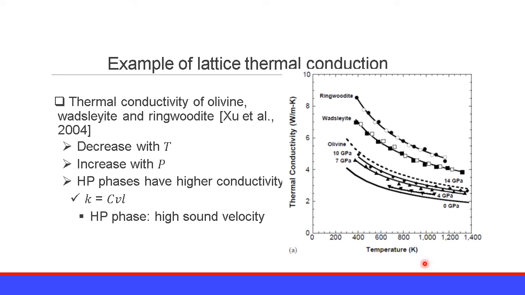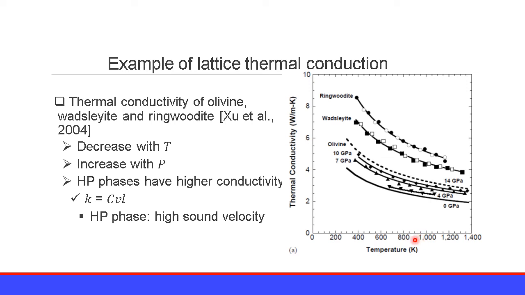The phonon mean free path decreases almost inversely to the temperature. As a result, thermal conductivity decreases nearly inversely to the temperature. By increasing pressure, in this case for olivine from 0 to 4, 7, 10, 14 GPa, thermal conductivity increases.